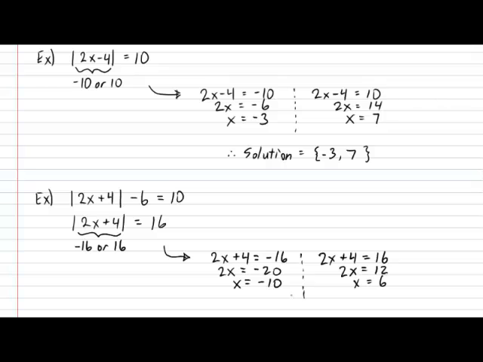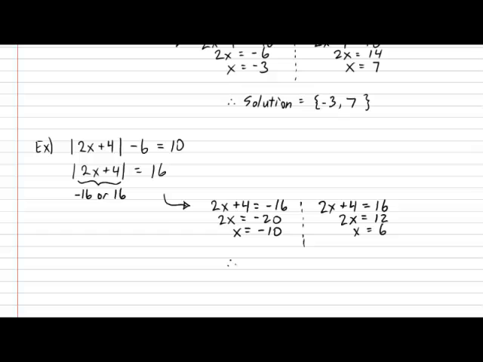So therefore our final solution, x could either be negative 10 or positive 6. And don't forget, you can always do a self-check to see if these two solutions are correct.